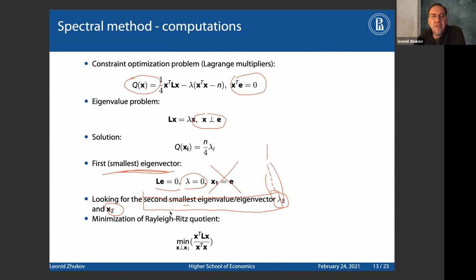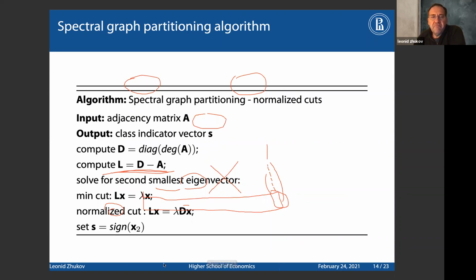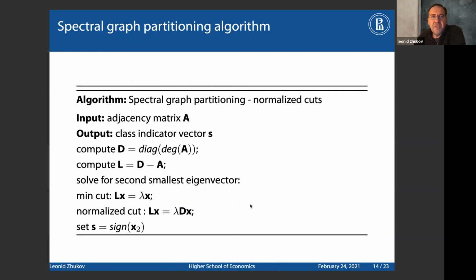All right. So here's an algorithm. It's called spectral graph partitioning. What you do is you literally take your adjacency matrix, find the diagonal, compute the Laplacian matrix, and solve for the eigenvector.